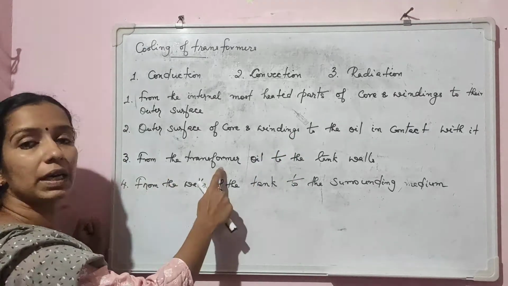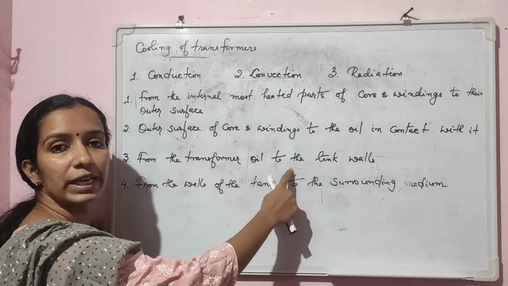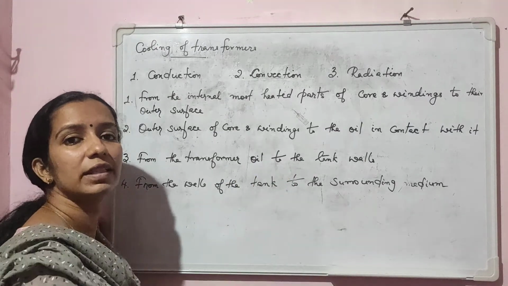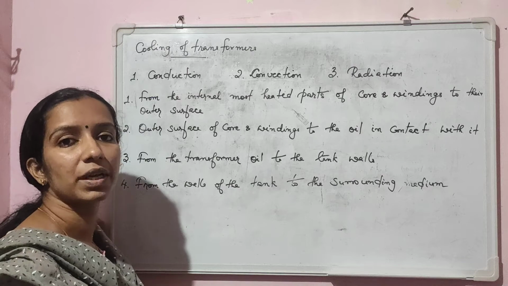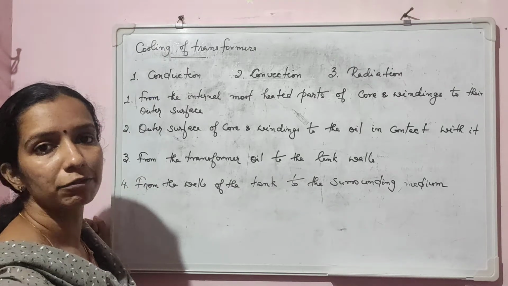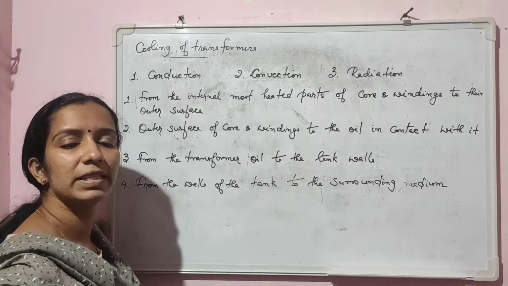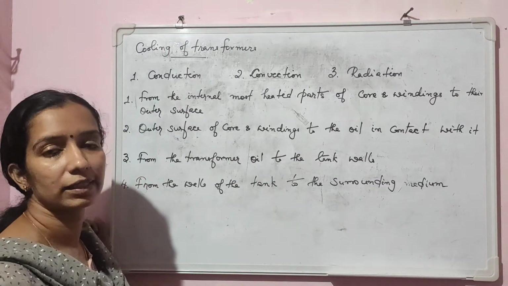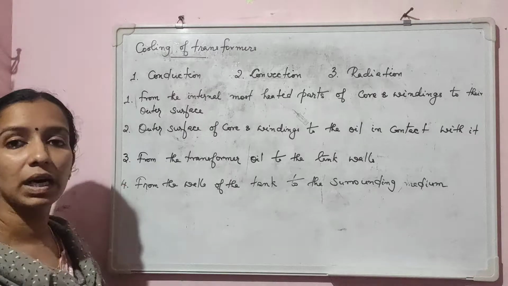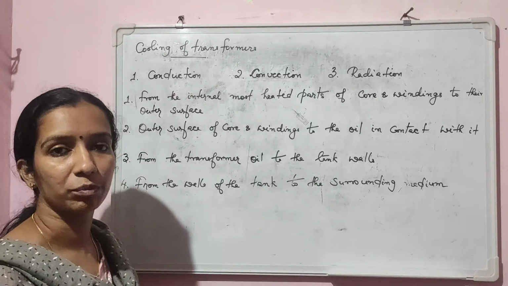In the third path, this transformer oil transfers the heat to the walls of the transformer tank. And finally, from the transformer tank walls, the heat will be dissipated into the surrounding air. So these are the four paths of heat flow in a transformer.